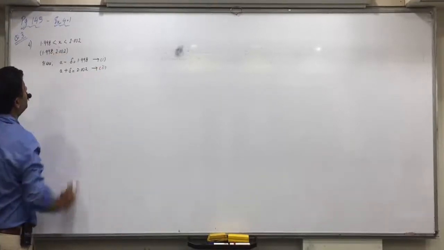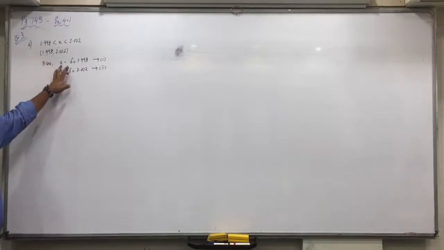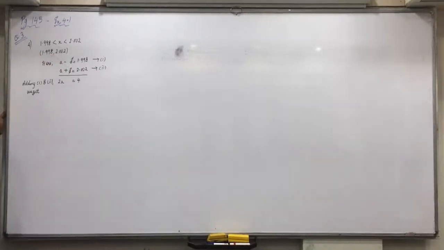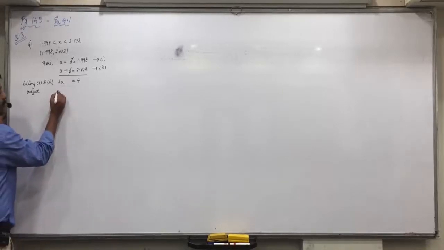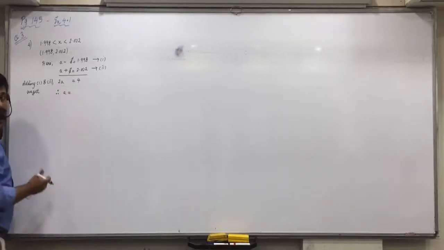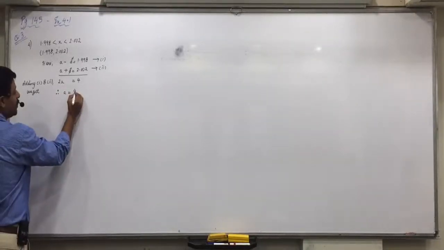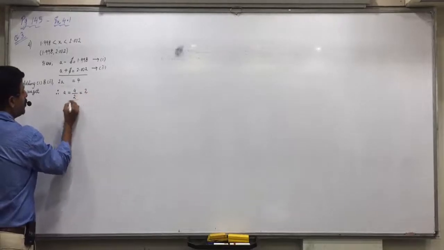In the interval form, 1.998 is a minus delta and 2.002 is a plus delta. Adding 1.998 plus 2.002, but what is a? The 2 on the right side will get divided. So a is 2.